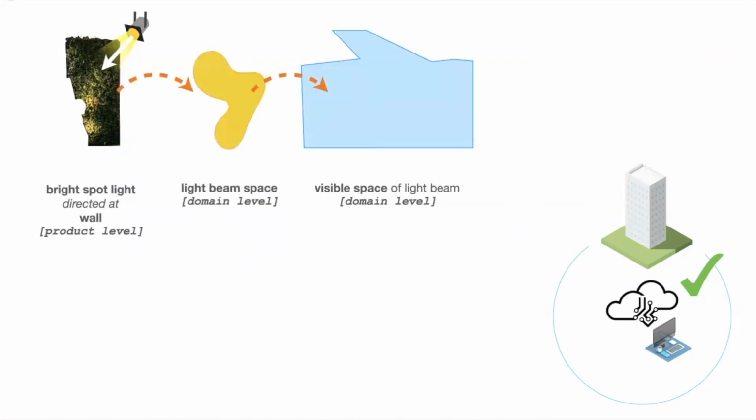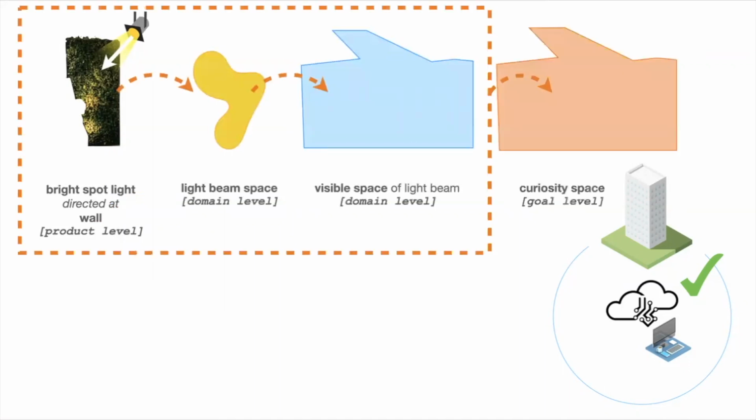Now we have all of the ingredients to construct this design intention argument. The bright spotlight generates a light beam space, which in turn generates a visibility space where a person can stand to see that light beam. And together, the product and domain levels comprise an argument that generates this curiosity space.